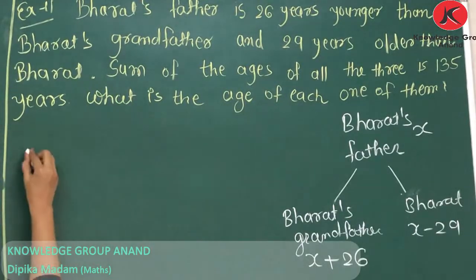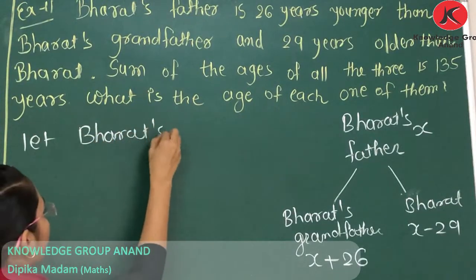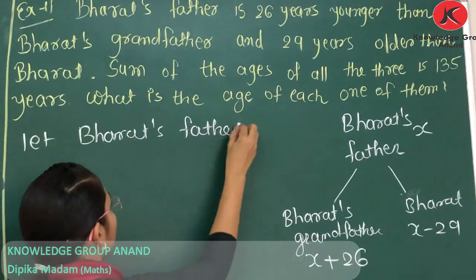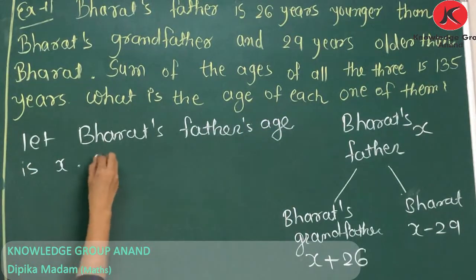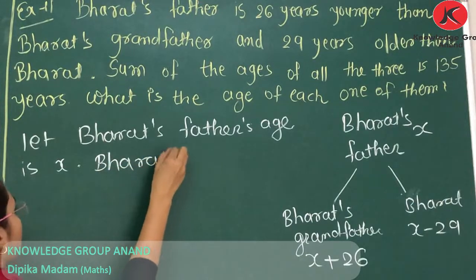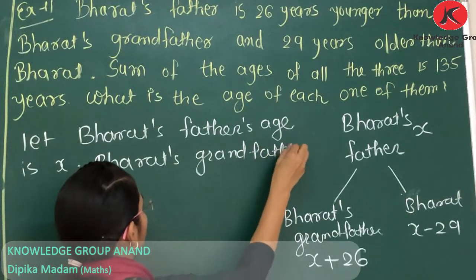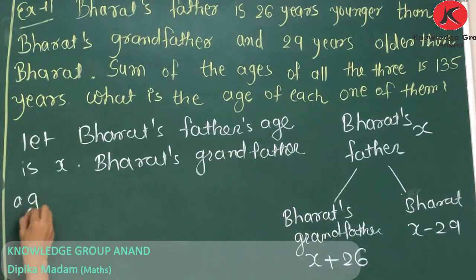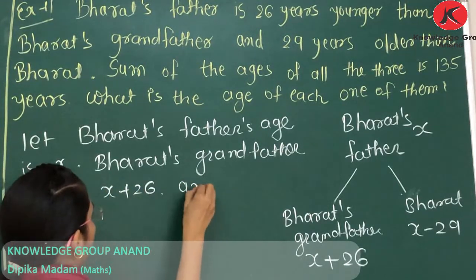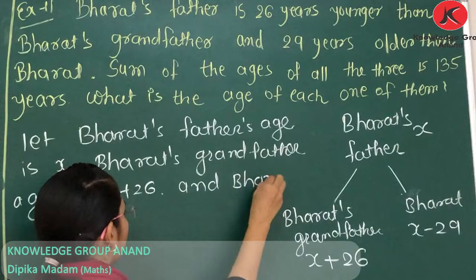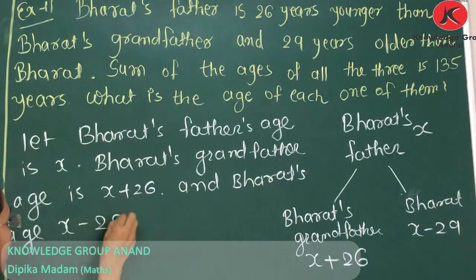135. So we can write, let father's age be x, grandfather's age is x plus 26 and Bharat's age x minus 29.